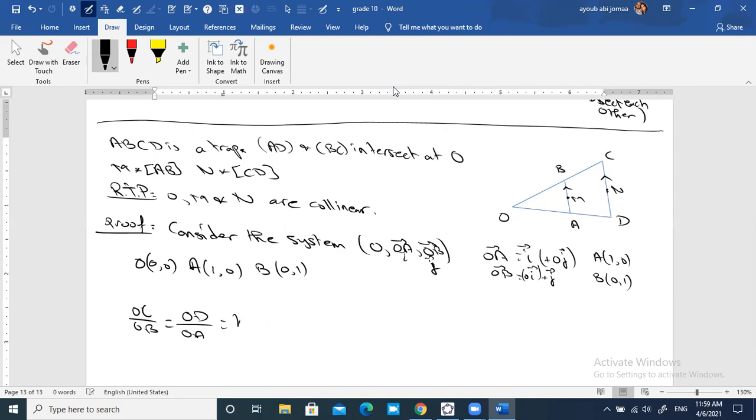Let's say it is equal to some constant K. This means that OC is equal to K times OB, and OD is also equal to K times OA.